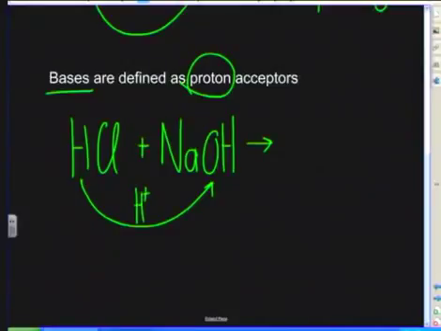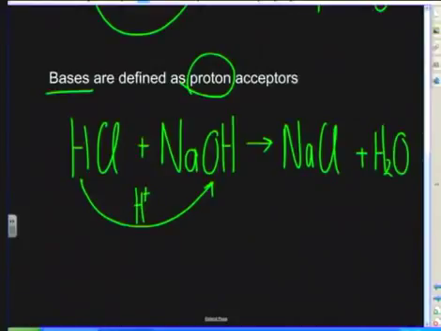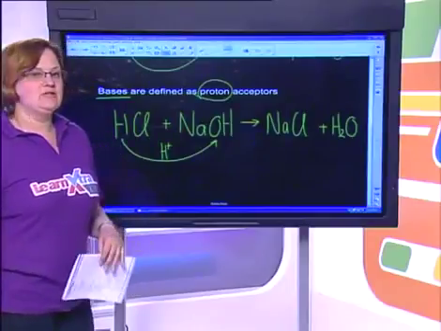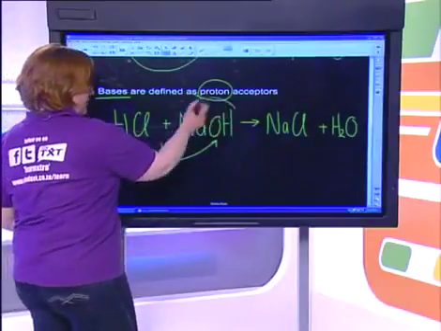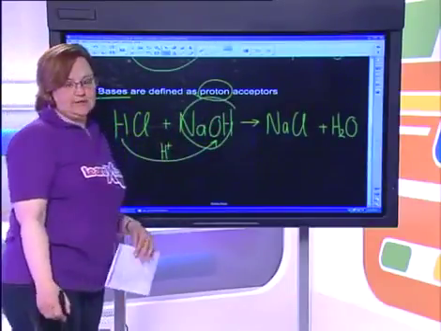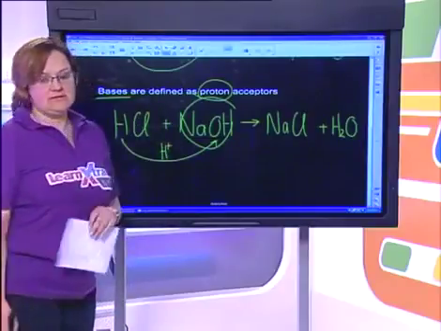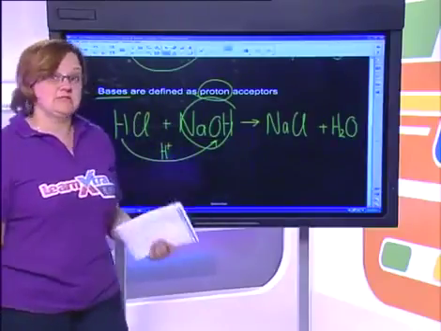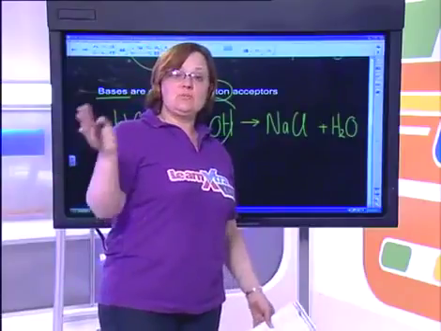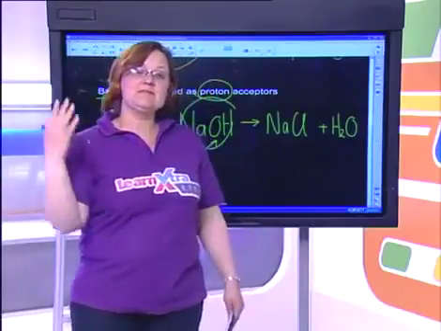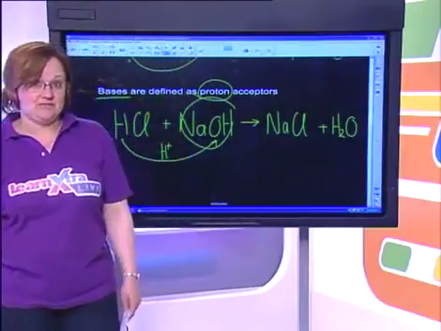The sodium hydroxide says, thank you very much, and what we get is NaCl and water. Okay, NaCl and water. The sodium hydroxide has acted as a base. The HCl has acted as an acid, which is exactly what we expected. Acids are proton donors, bases are proton acceptors.